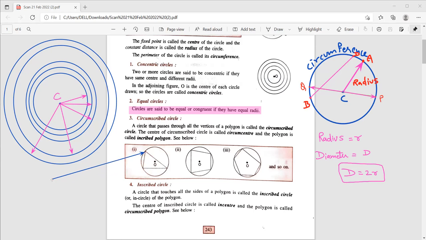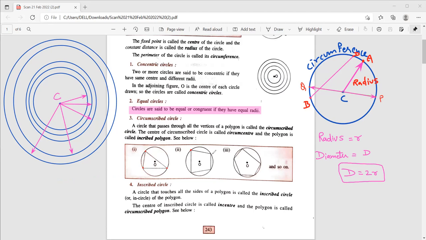What you see is that all three vertices are lying on the circle. So you say that this circle has circumscribed a triangle.